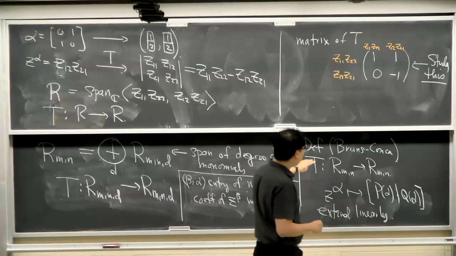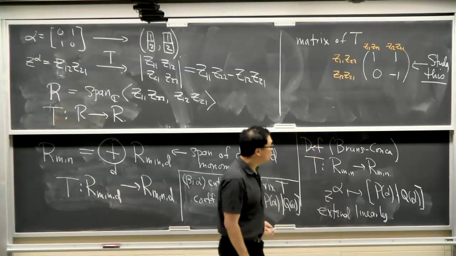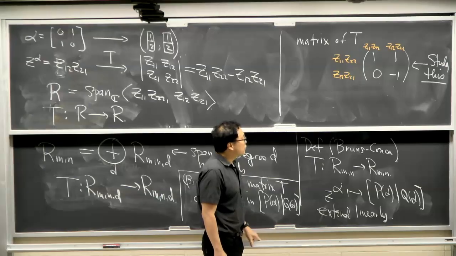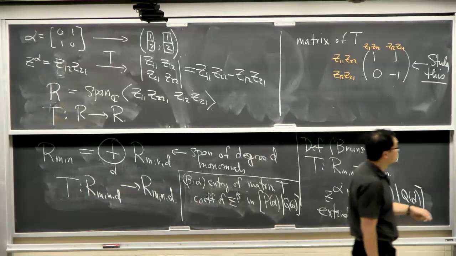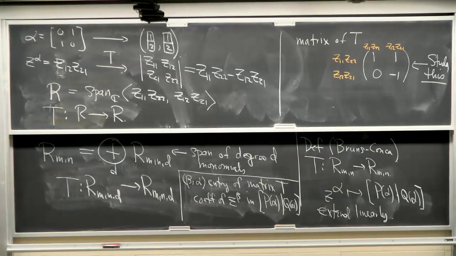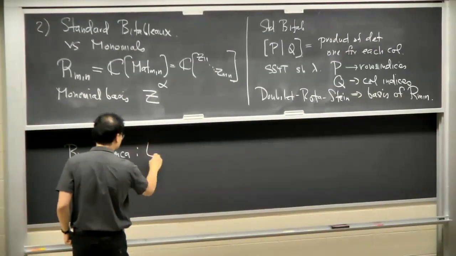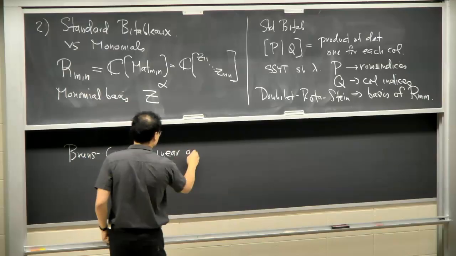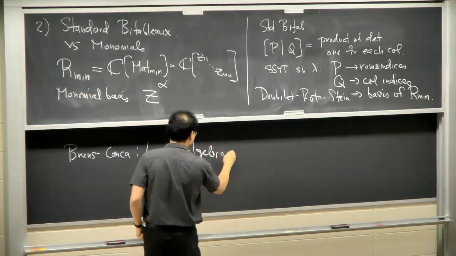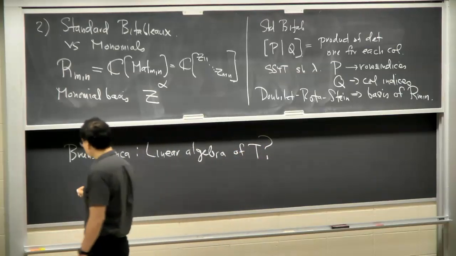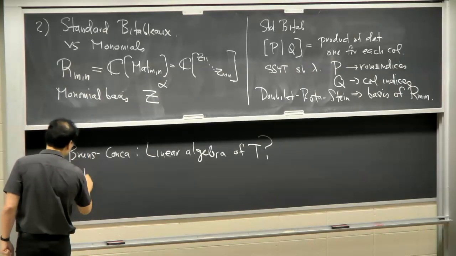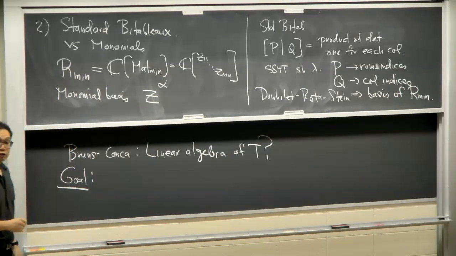However, what Bruns and Conca asked in the early 2000s is to understand some insight about the linear algebra of T. And the goal of this talk is to provide a first systematic approach to their question.